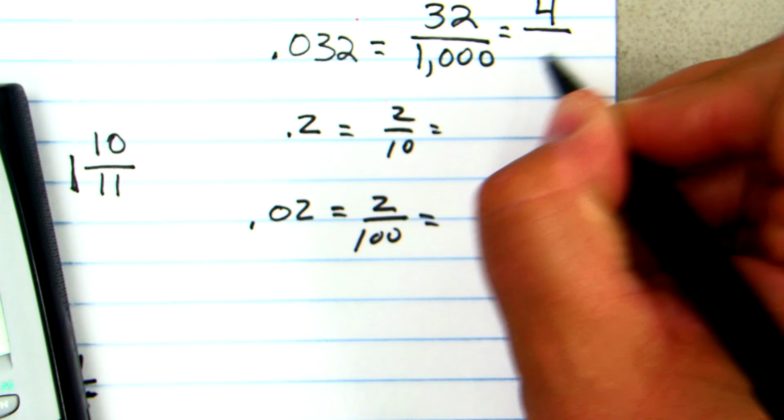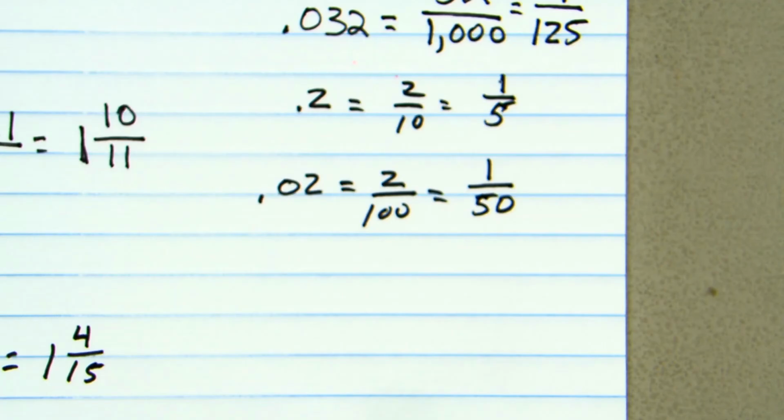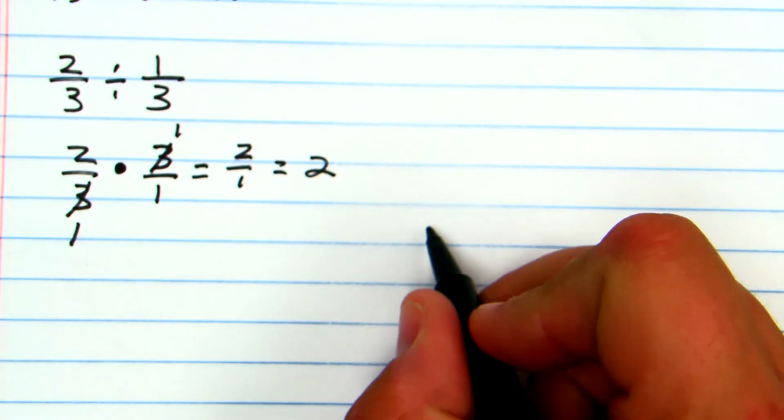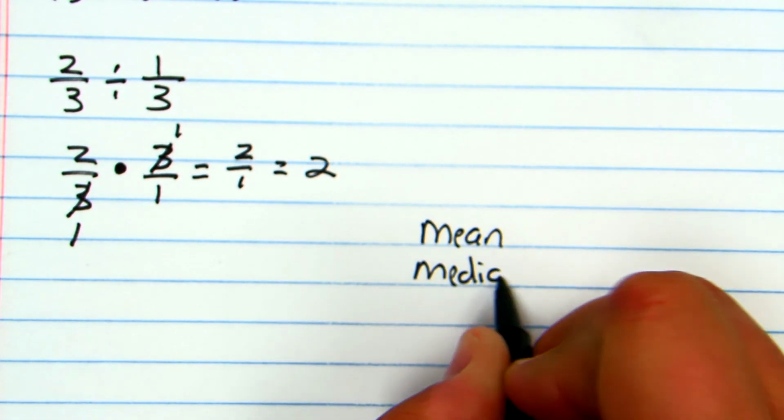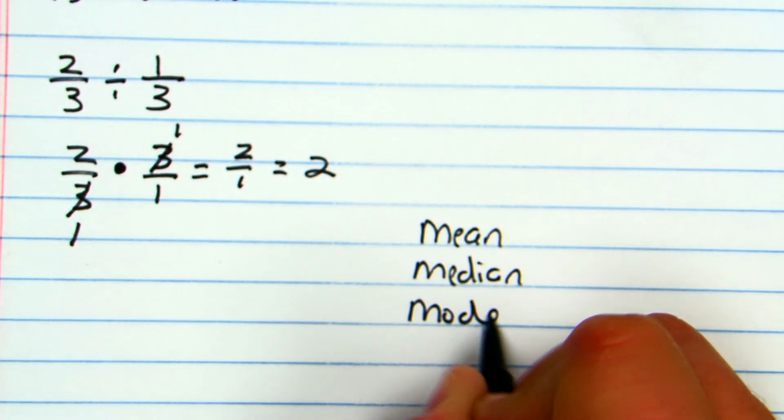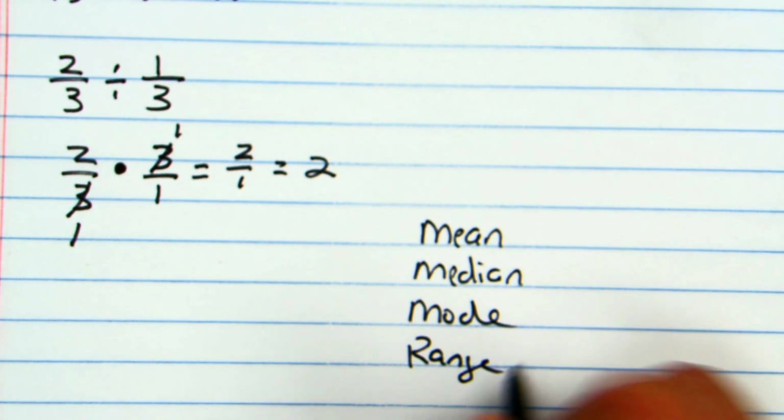Now, those were the two major parts. The last part was mean, median, and mode. Just remember when you have a set of data, we're talking about mean, median, mode, and then we'll find the range.